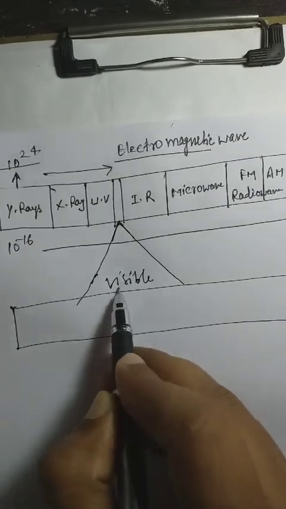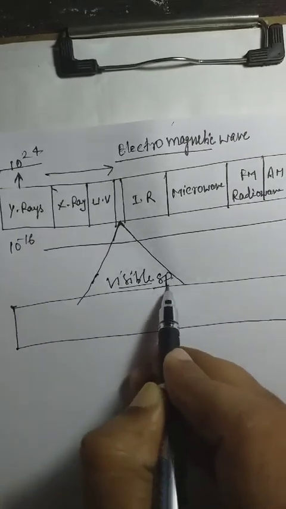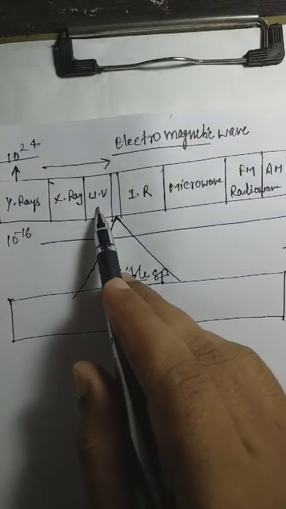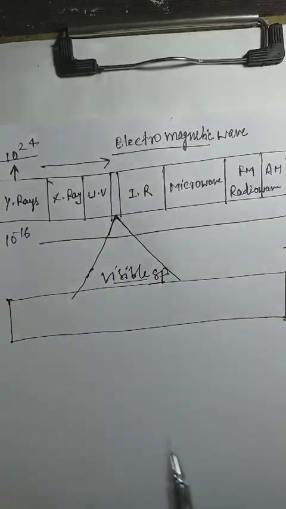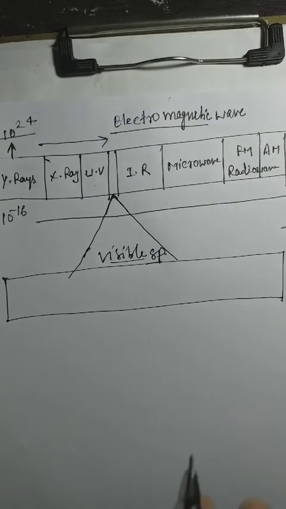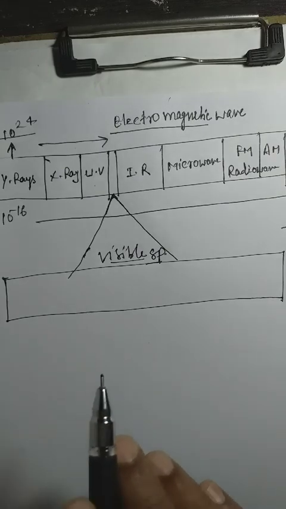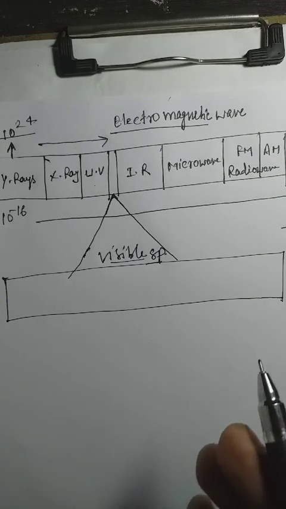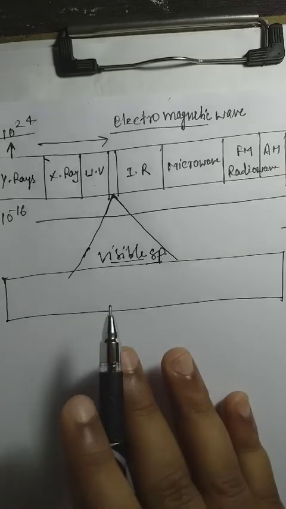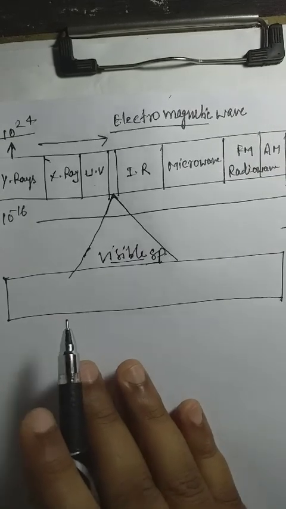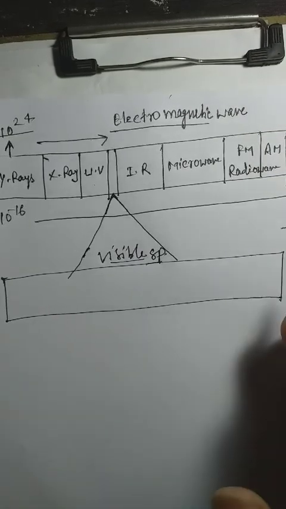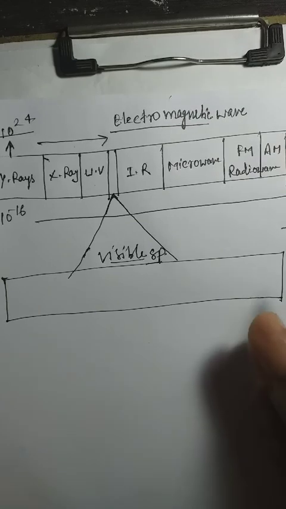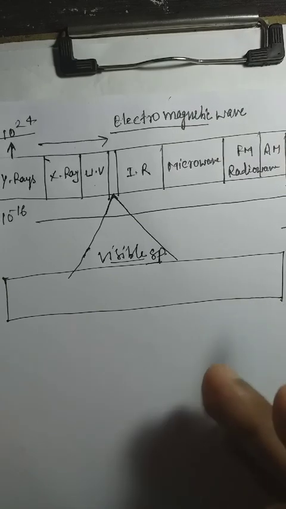Memorize this well. The visible spectrum lies between ultraviolet ray and infrared. You have to be very much aware, because sometimes the question arises: after the visible region, which band is lying? You must write the infrared region.